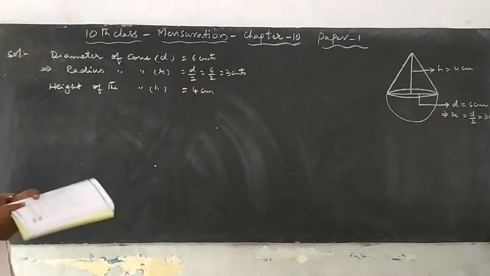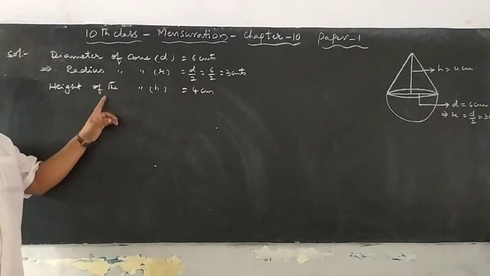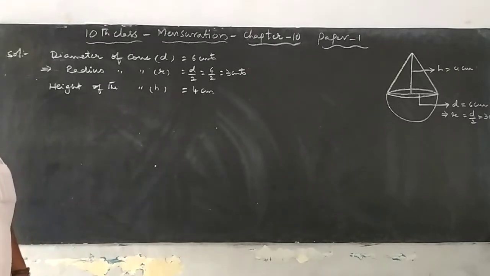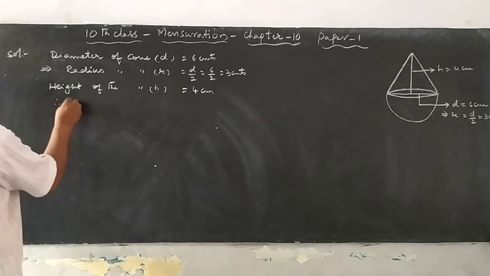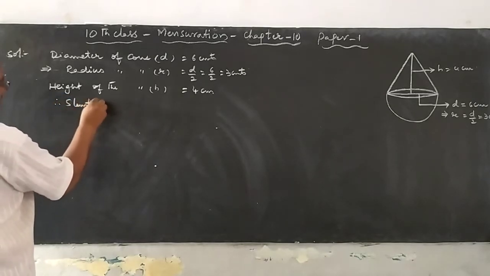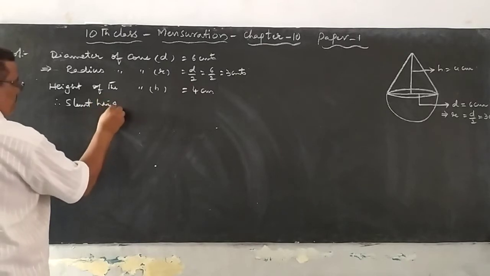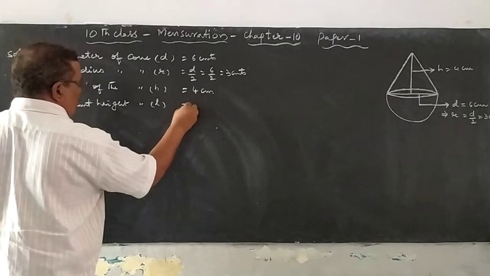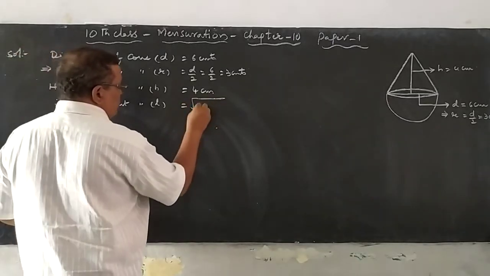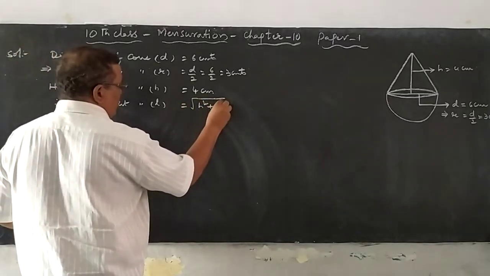When we know the radius and the height of the cone, the slant height can be obtained. How will the slant height be obtained? So slant height of the cone L is equal to square root of H square plus R square, children.